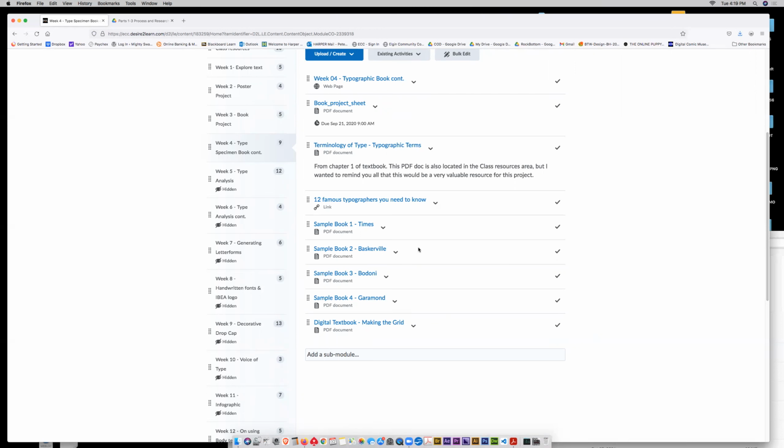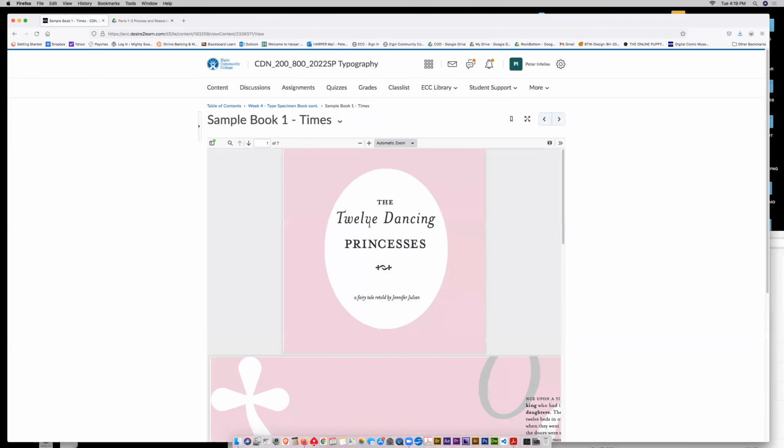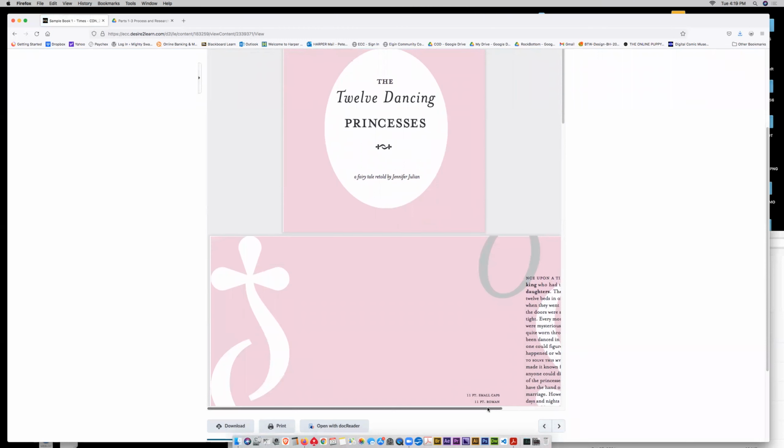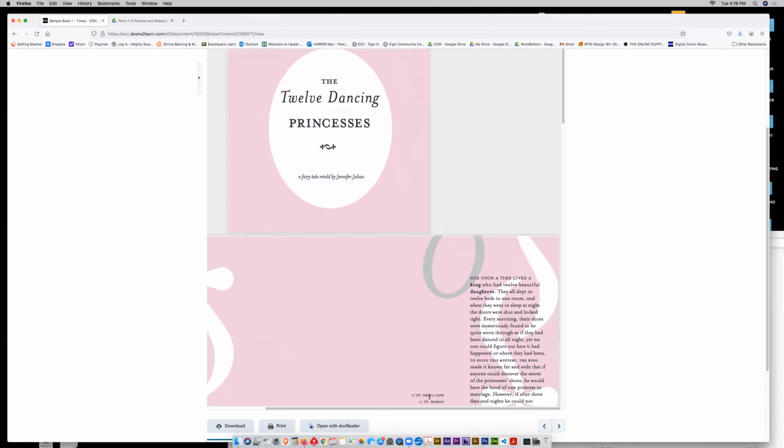These are all relatively short in scope, so we'll look through all of this and have a conversation about them. This was done for the 12 Dancing Princesses. And all they're really doing is using the type as the basis for exploring a typeface. They're definitely not picture books, for example. But you can see here are a couple examples where we see a block of type with accompanying examples of the point size and the weight of the font.